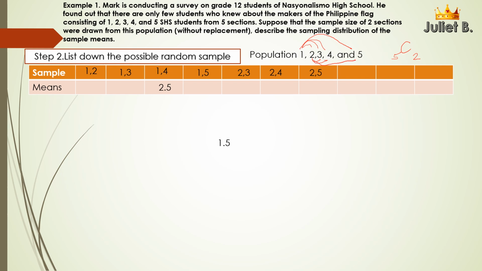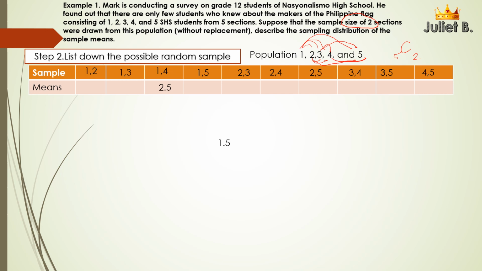And then, tapos na tayo sa 2, punta naman tayo sa 3. 3, 4, and 3, 5. So, wala na kasi nasa dulo na ulit. And then, syempre yung last, 4, 5. So, yun yung mga samples na kailangan natin. Dahil sabi niya, size 2. So, dalawa-dalawa.